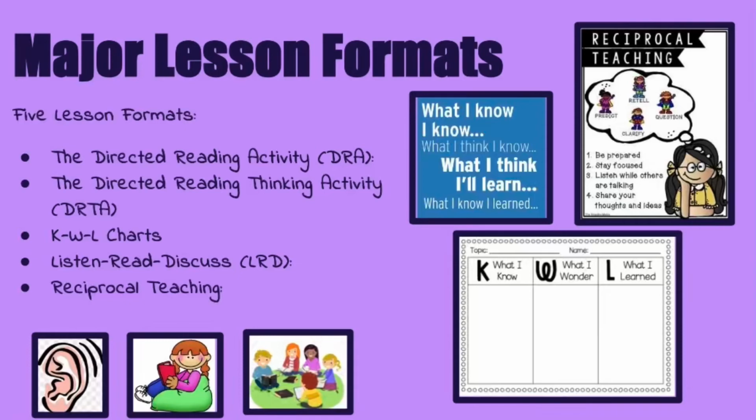The Directed Reading Thinking Activity, or the DRTA. This is a popular variation of the Directed Reading Activity, the DRA. This is a comprehension strategy that guides students in asking questions about the text, making predictions, and then reading to confirm or refute their predictions.